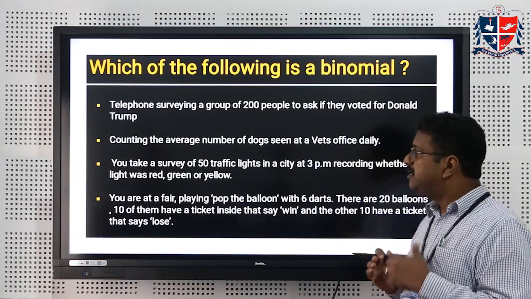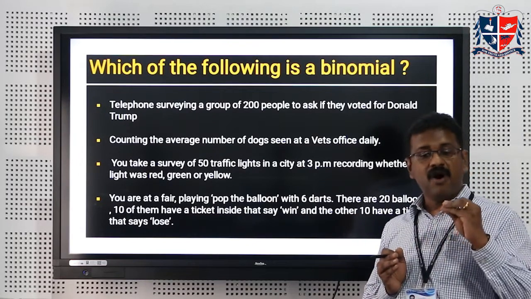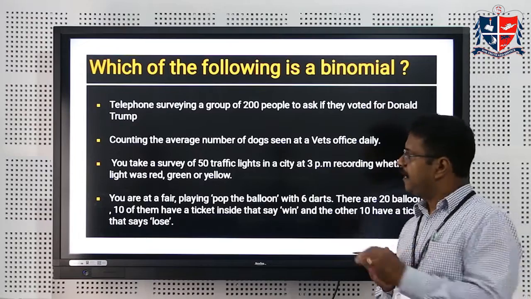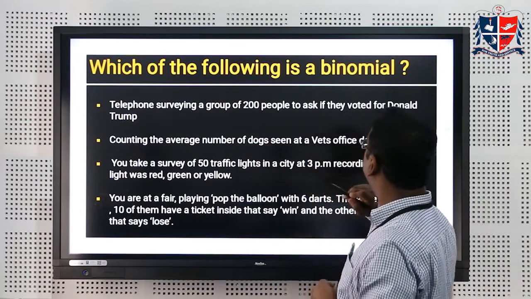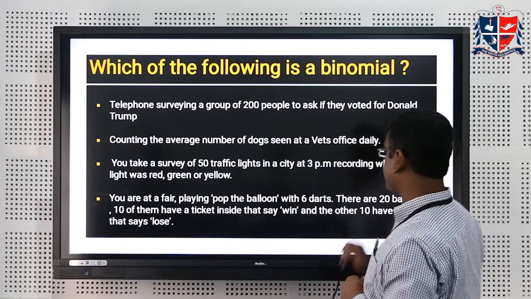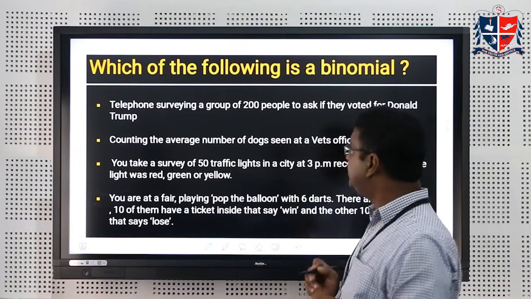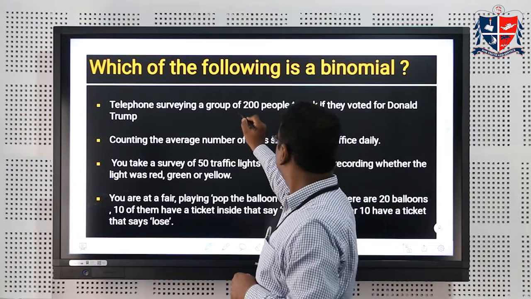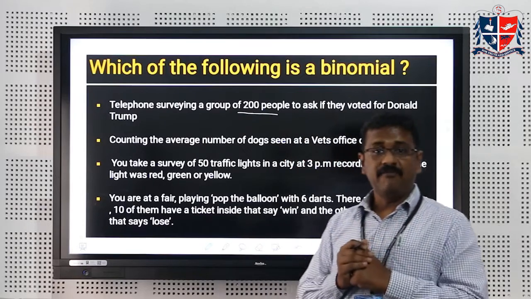So now if you look at the criteria of putting a problem as either a binomial problem or not, the first thing we should look at is whether the number of observations is fixed. In the first case, a survey of a group of 200 people to ask if they have voted for Donald Trump, there are 200 people, so there is a fixed number of observations.